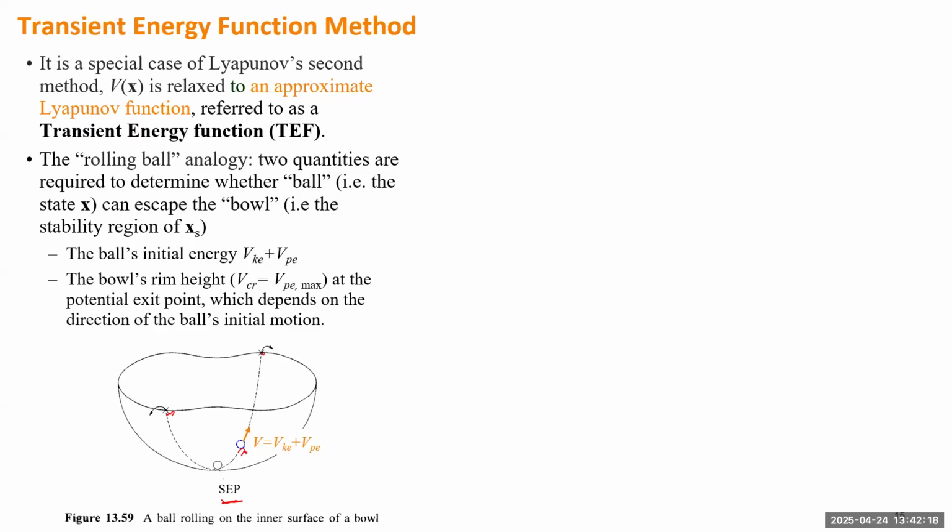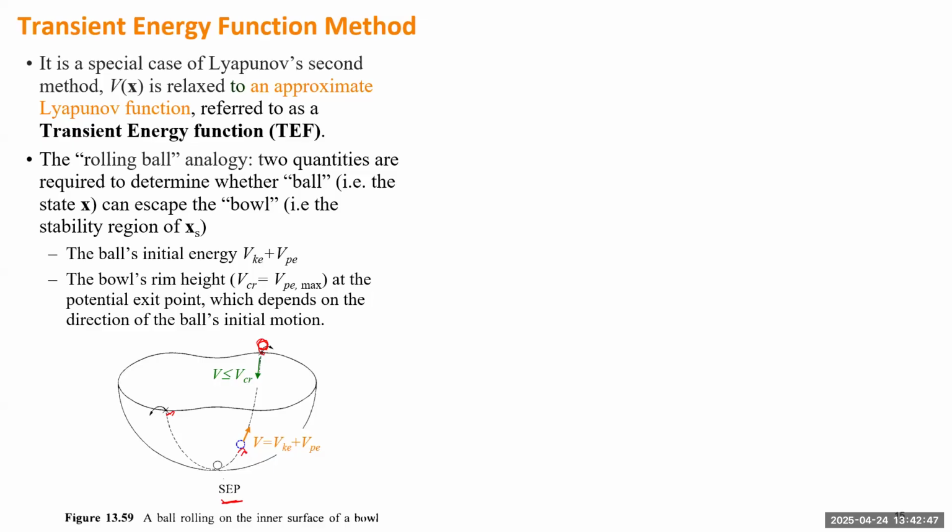And the rim height of the surface tells you the critical energy, the maximum value you can have for the energy. Okay, so for instance, if my ball is moved to this rim, to this point, and reaches zero speed, what happens is this ball will move back. It cannot escape.